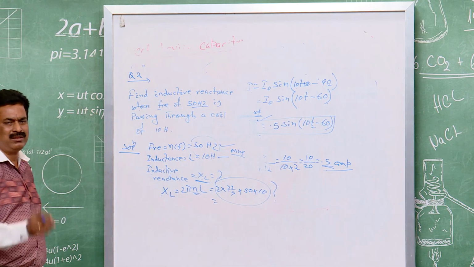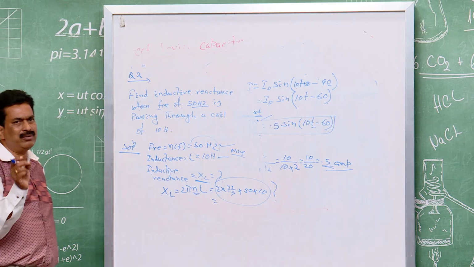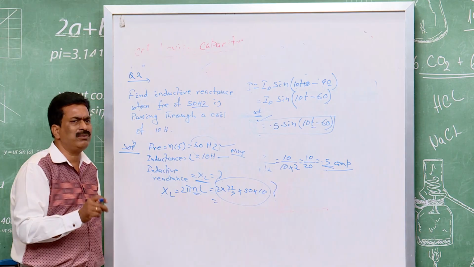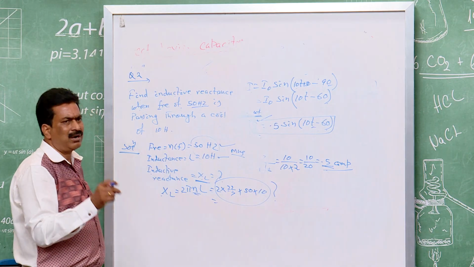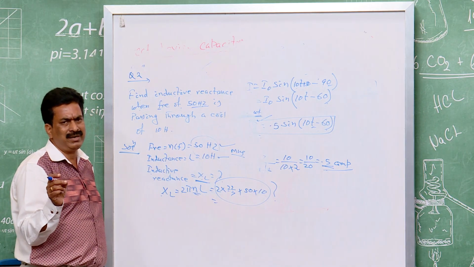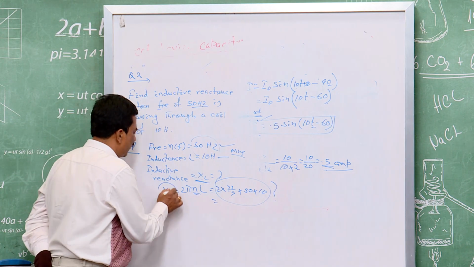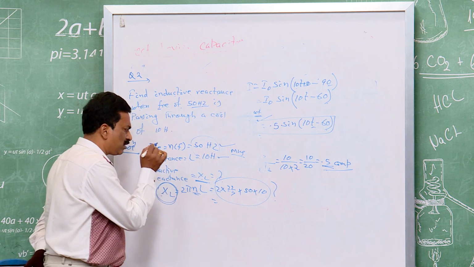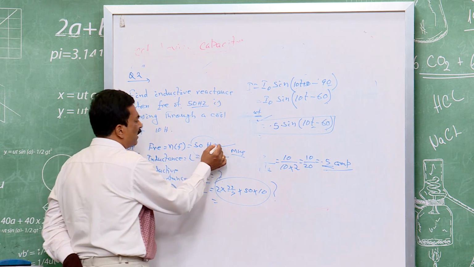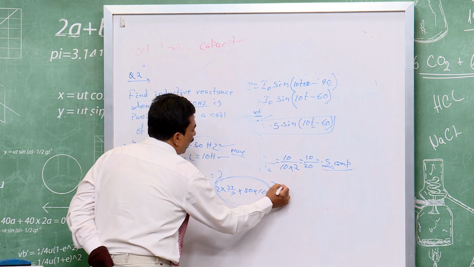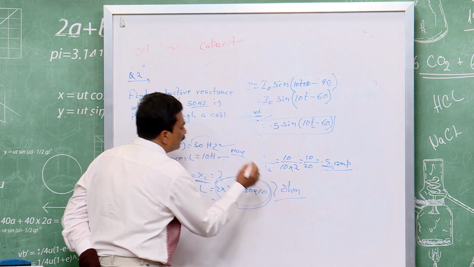When a value is to be determined, you never forget to write its unit. If the unit is not mentioned by you, the 100% mark you will not receive, only 0.5 will be deducted for that. This XL is nothing but resistance, which we have taken in ohm, so what value you obtain is in ohm.